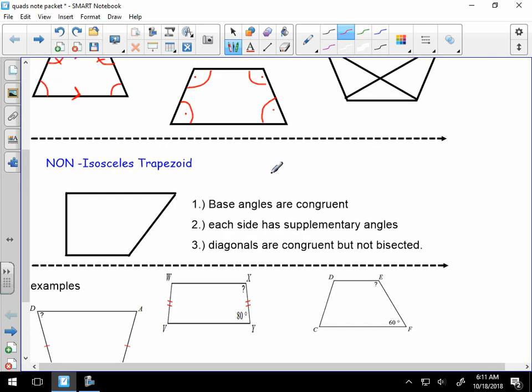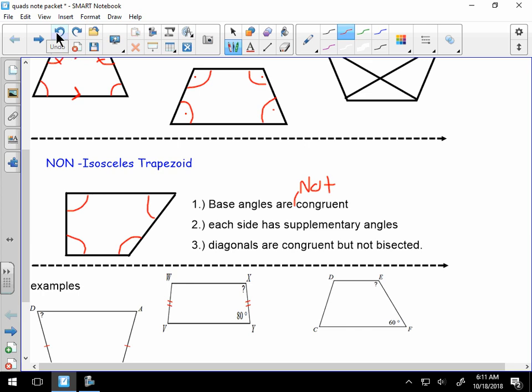Alright, so let's look at our non-isosceles trapezoids. I need you to make sure you write this in. Base angles, this is non-isosceles, base angles now are not congruent. Meaning these two are not going to be equal, and neither are these.